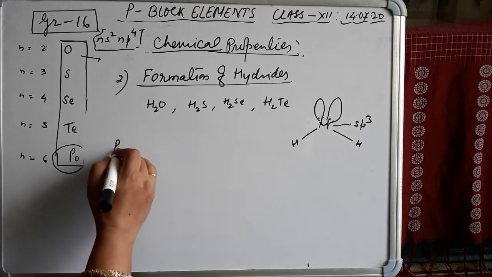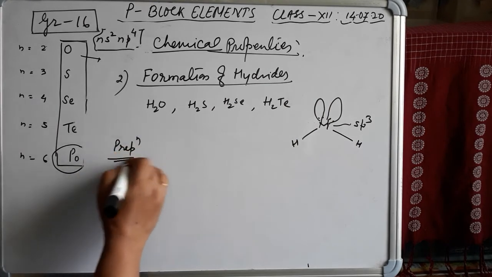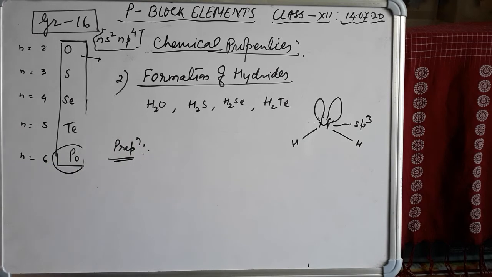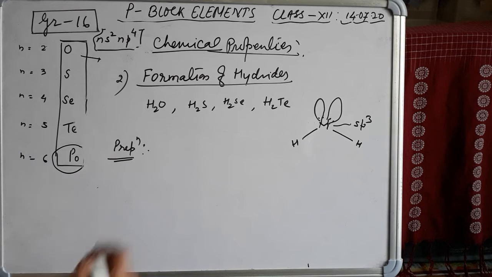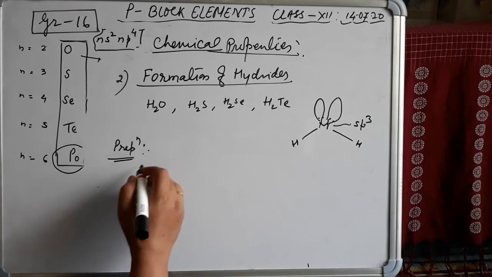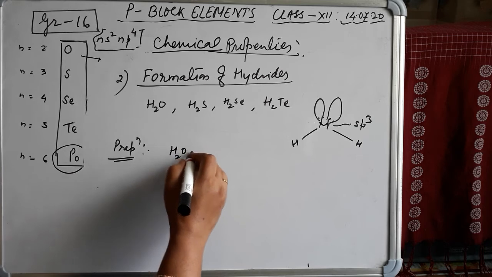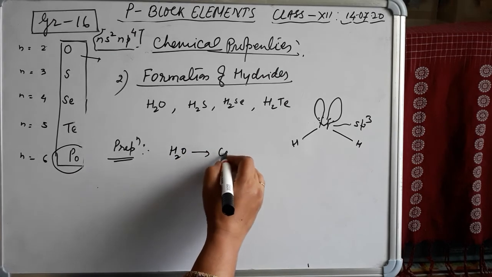How can we prepare hydrides? Preparation of hydrides. H2O is formed by the combustion of hydrogen in the atmosphere of oxygen.